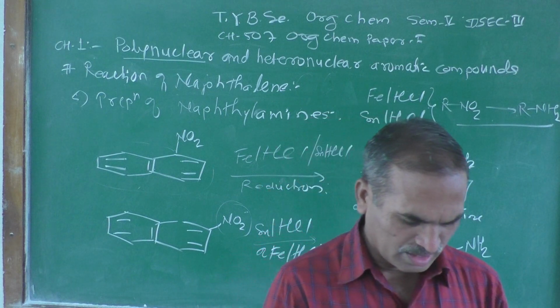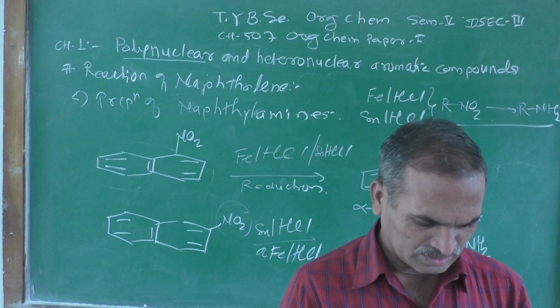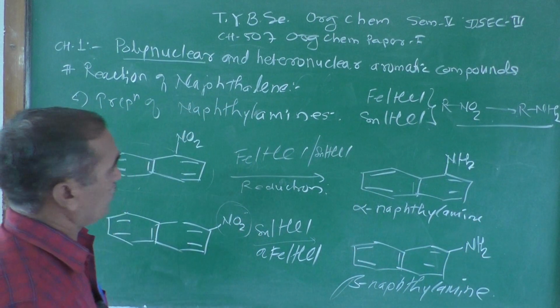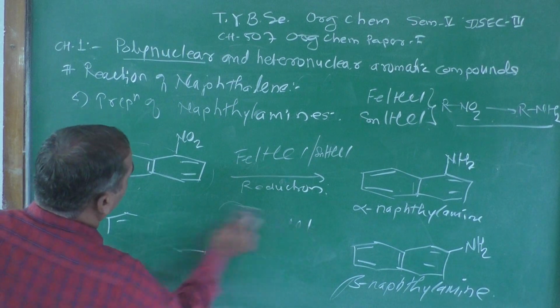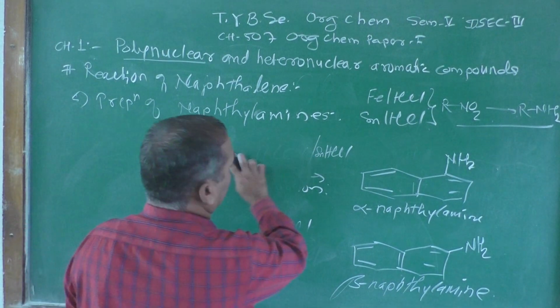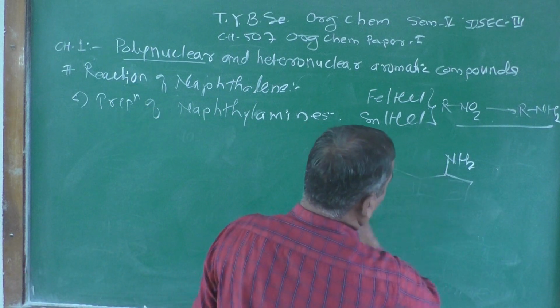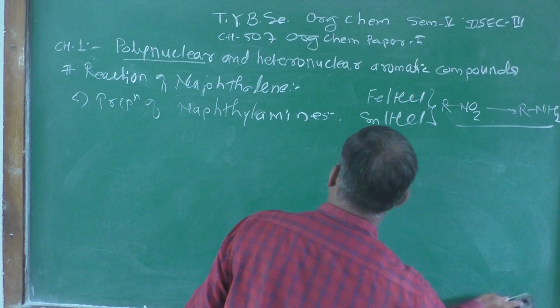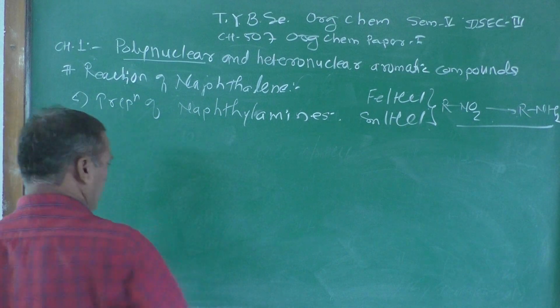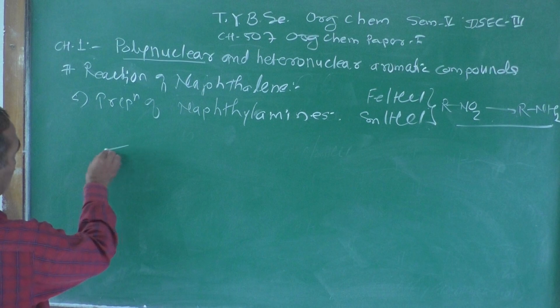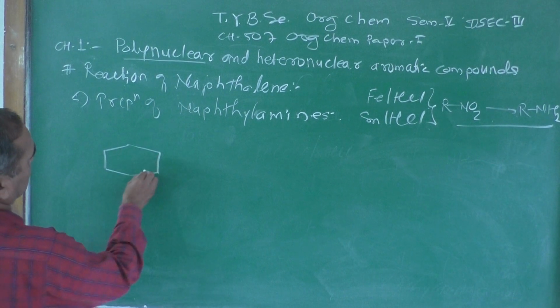Now another way of preparation of the naphthylamine is to take a different starting material. Suppose you take beta naphthol as a starting material, as we know that it is readily available.